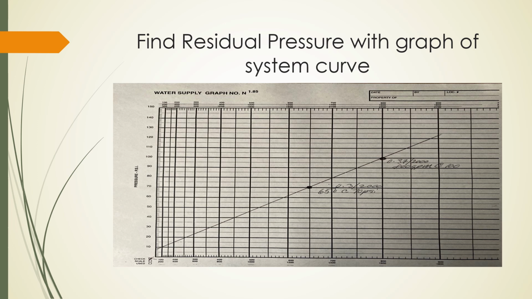One other point I do want to make is that the equation of Q equals K square root of P can also be turned into K equals Q over square root of P. So this K does vary slightly. You'll see it's to the square root of P, but there's a little bit of leeway in there, and it can be up to the 0.54 power.